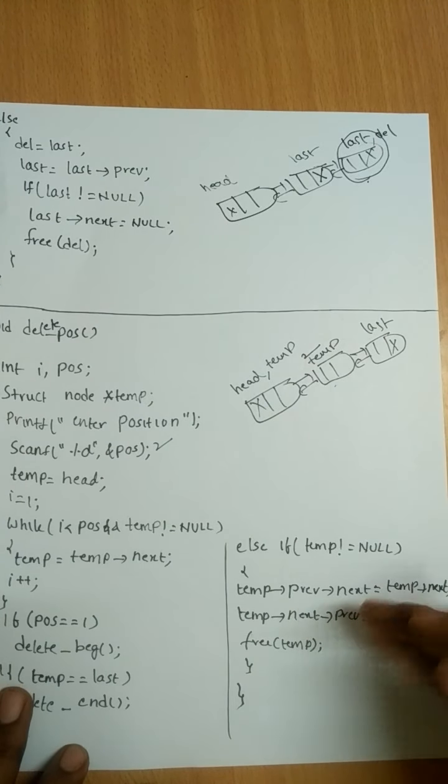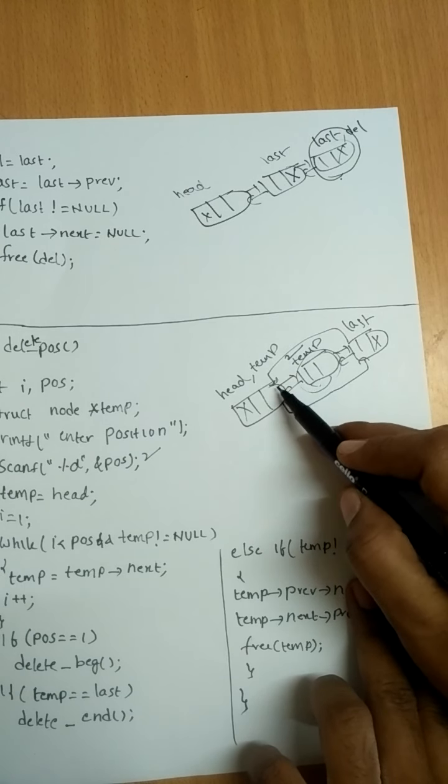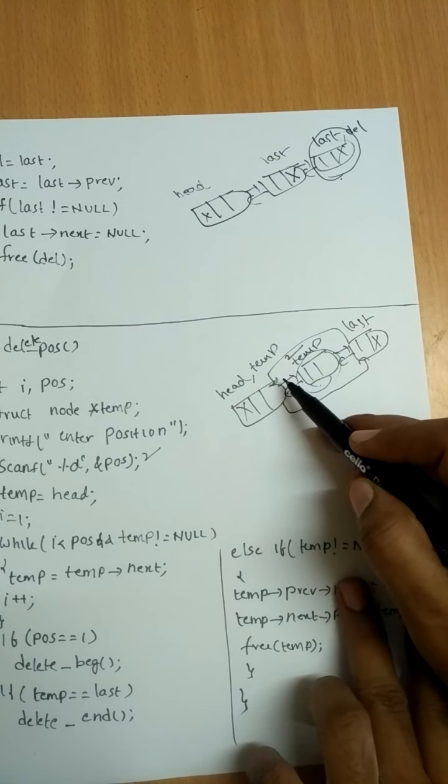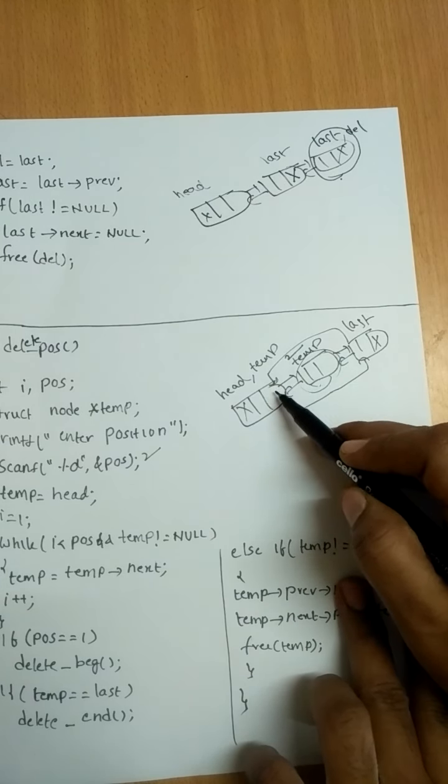After deleting this node, we have to make a link between this node and this node. This is temp of previous; in its next field we have to store temp next address.